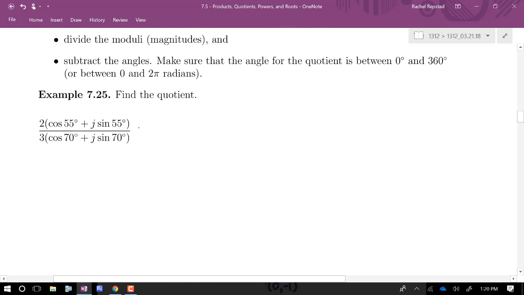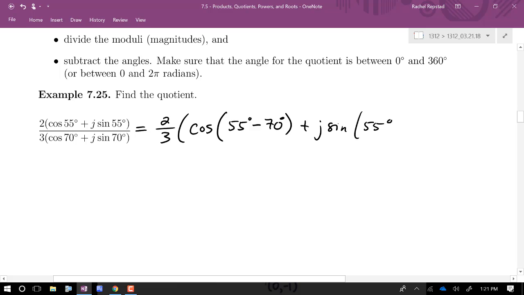So let's say I wanted to find the quotient here. Well, using the rule, there's not a whole lot of work required here. My new modulus is 2/3, and then I've got cosine of my new angle, 55 minus 70. And 55 minus 70 is negative 15.